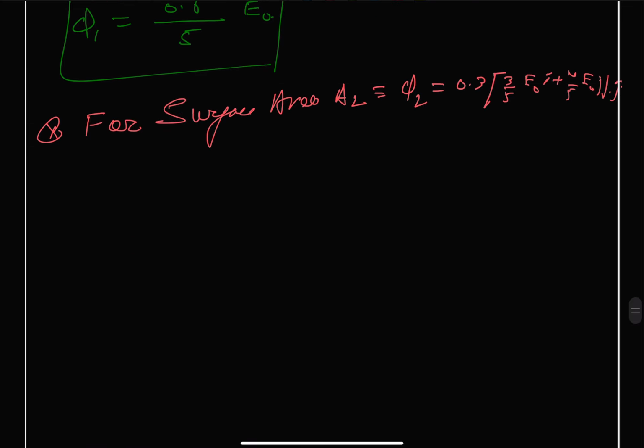So we get phi 2 as 1.2 divided by 5 times E0, and we need to find out the ratio.